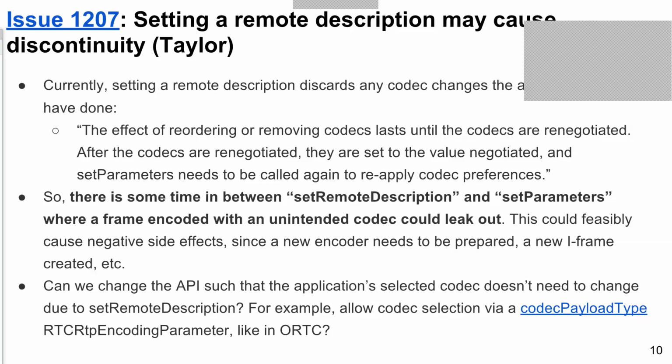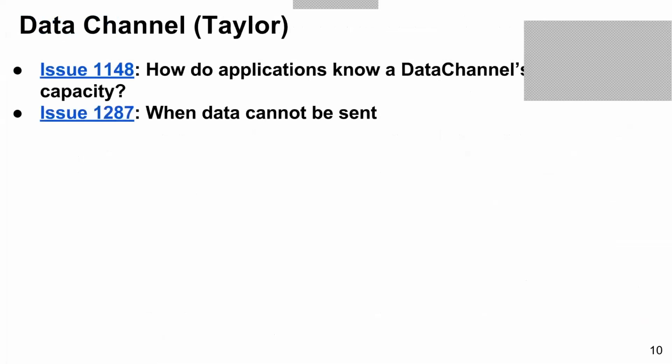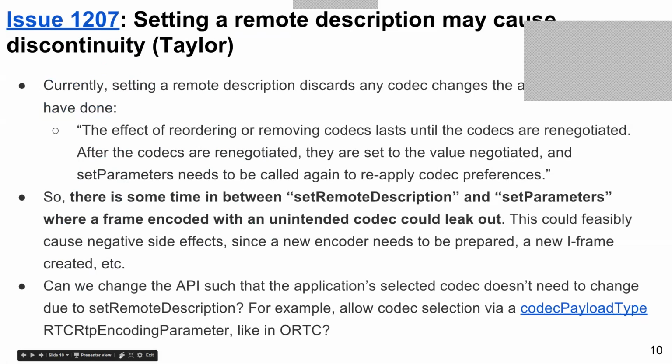But Taylor, you took the action to propose some text. Yeah. I had a side question there. Someone mentioned the SDP is not modifiable, and I see there's language in the spec to throw an invalid modification error. I assume that can only apply to local descriptions, though, since how would you know if someone modified the remote SDP?